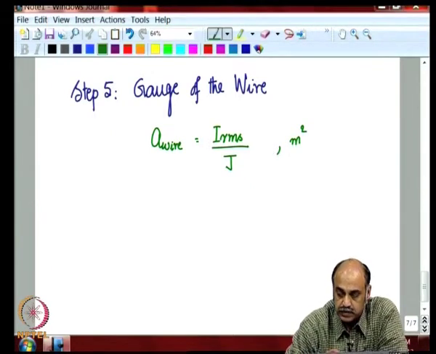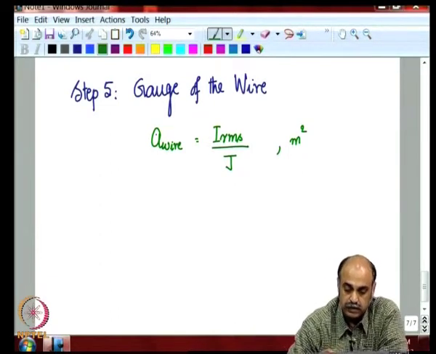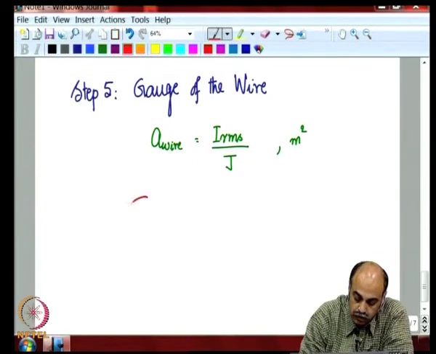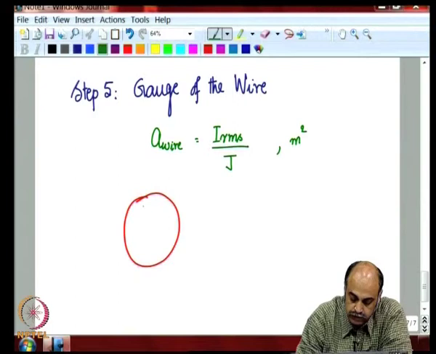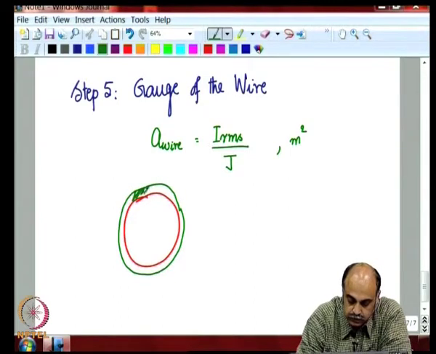Now, once you get the wire cross section area in meter square, go into the wires table and pick out that wire which has slightly more cross section area than what is given here. While you are picking, be careful to pick the copper cross section area, because the wires normally have two parts. One is the copper inner core with an outer sheath, which is the enamel.